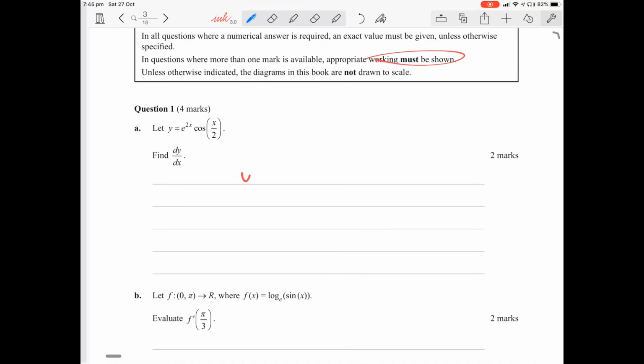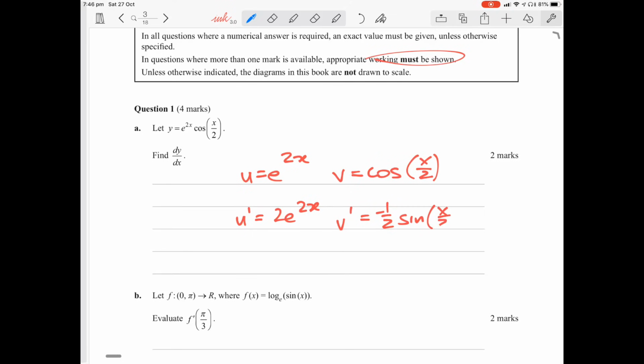So here I'm just going to say let u equal e to the 2x, v equals cos x on 2, u dash is 2e to the 2x, our derivative. When we derive cos, we get negative sine, so we get negative a half sine x on 2. So dy/dx is the product rule: v times u dash and u times v dash.